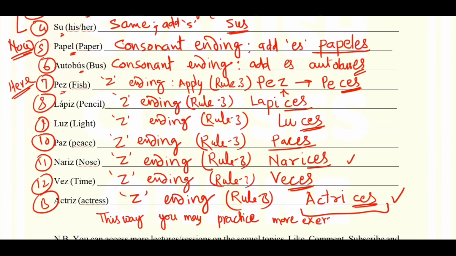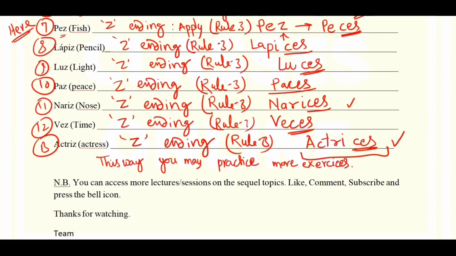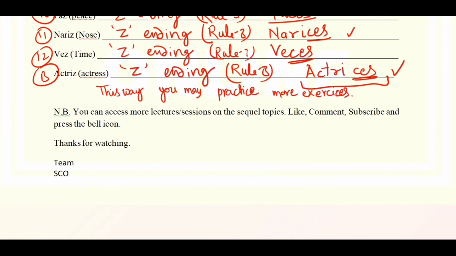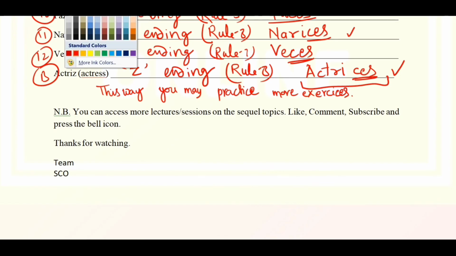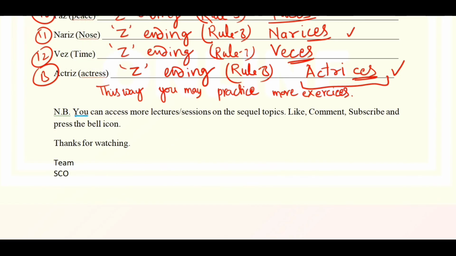You have to practice all these 13 examples many times, and other exercises we'll be doing in other sessions. As I've said already, session number 4 is important to you, but after session 2, session 3 is quite important compared to session number 4.